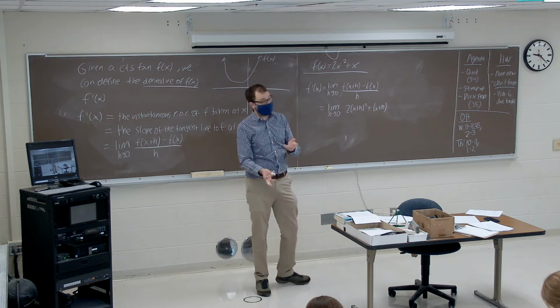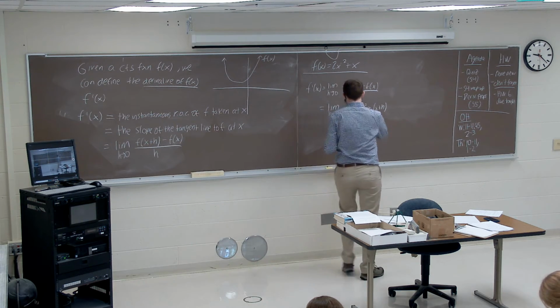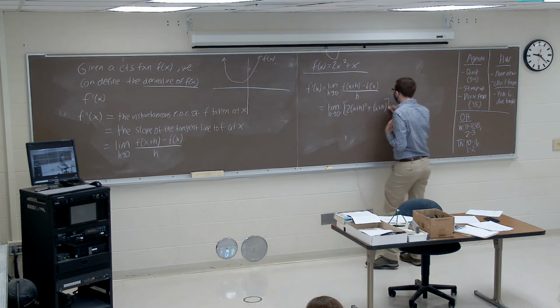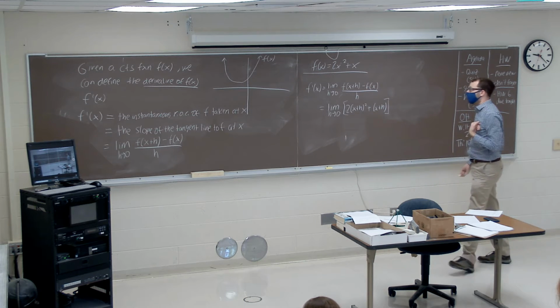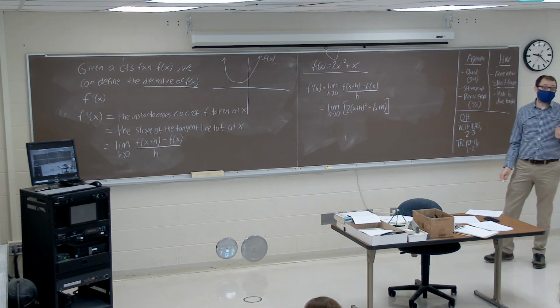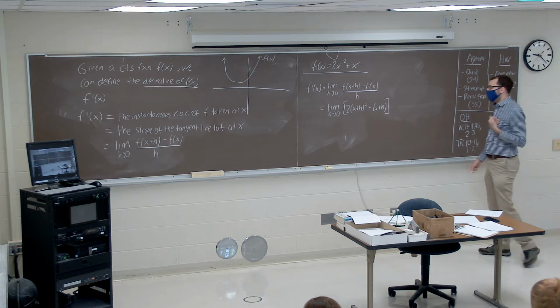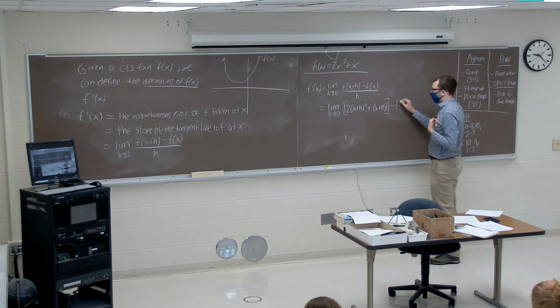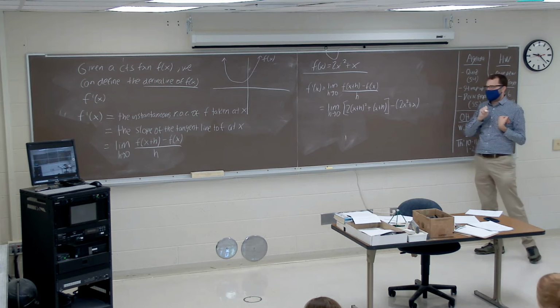Yeah, otherwise I think I fully agree with what you have. So that's going to be our f of x plus h term. We're also going to need to subtract off f of x. Well, you know what f of x is, that's just 2x squared plus x.